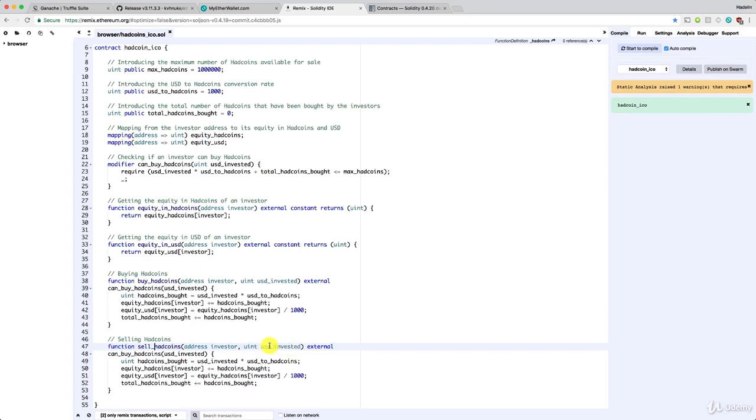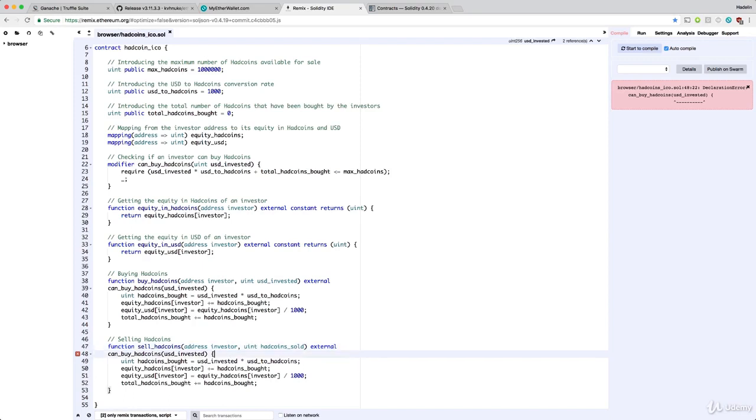And therefore, very simply, the second argument here will not be the USD invested, but let's call it the at coins sold, or at coins to sell, as you want. But that's basically the number of at coins the investor wants to sell. And that's an unsigned integer again, because of course we're not playing with at coin cents. So at coins sold, there we go, we have our two arguments, still external, we're outside of the contract, so all good for this first line.